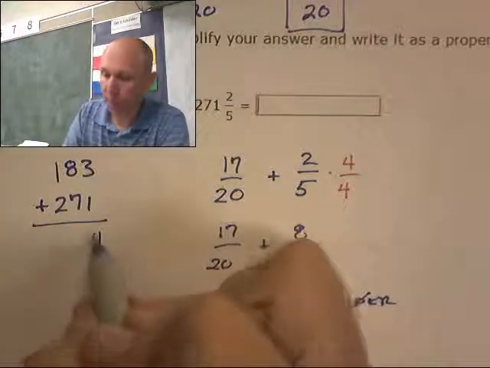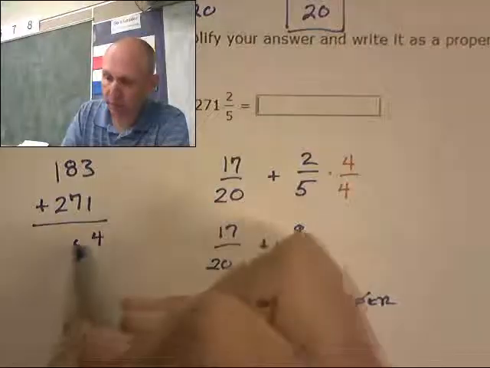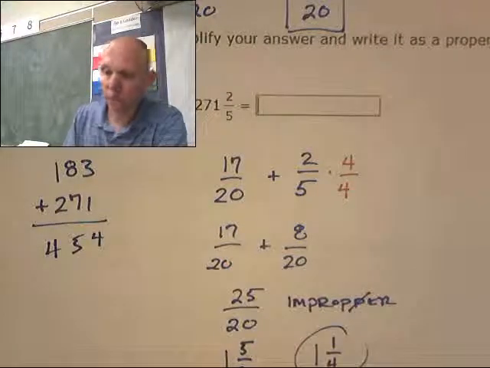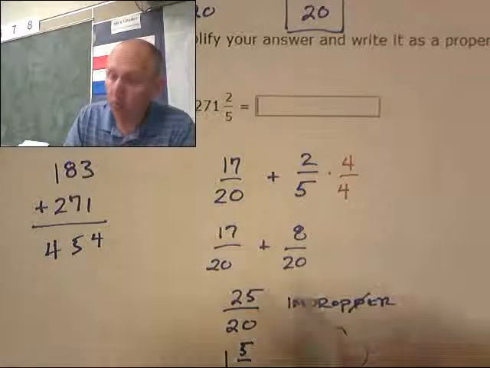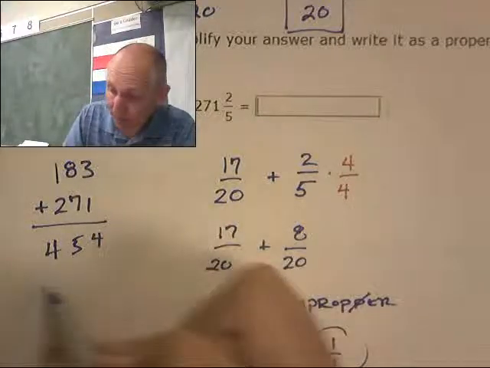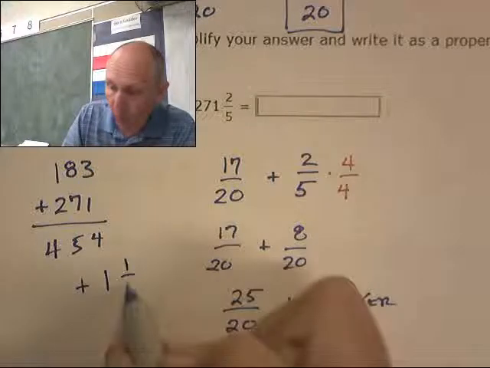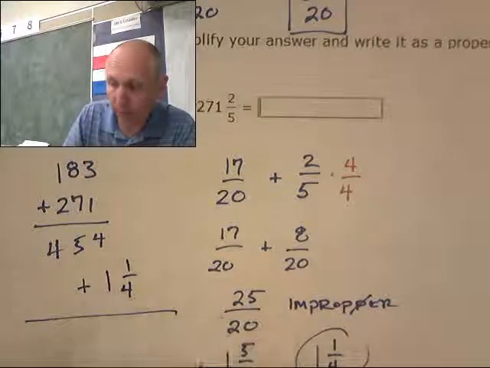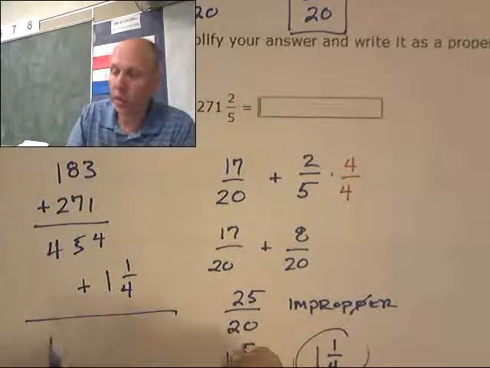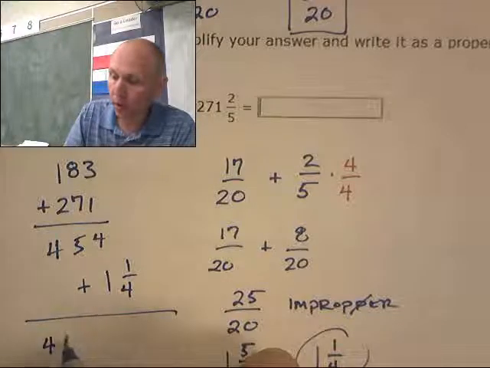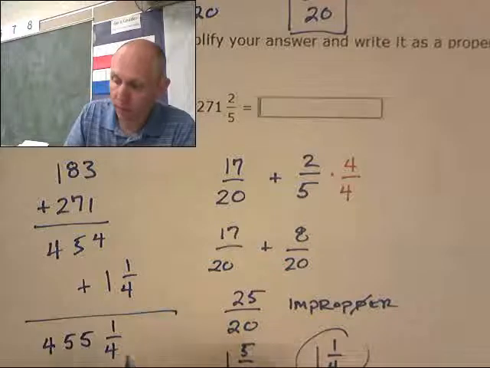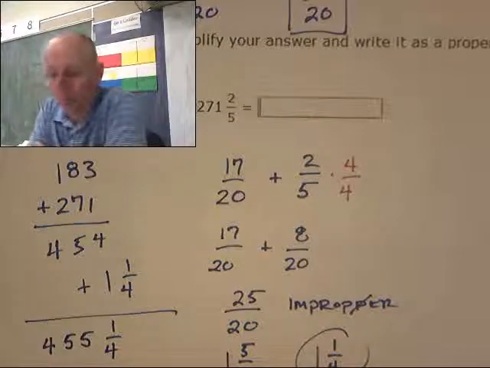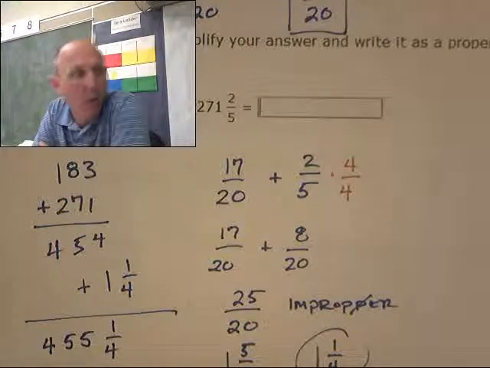These integers become 454. So 454 plus the 1 and 1/4, which is going to take it to 455 and 1/4.